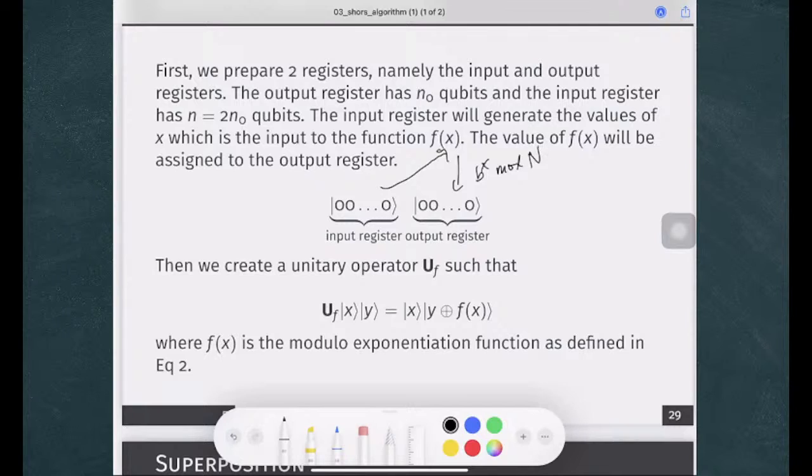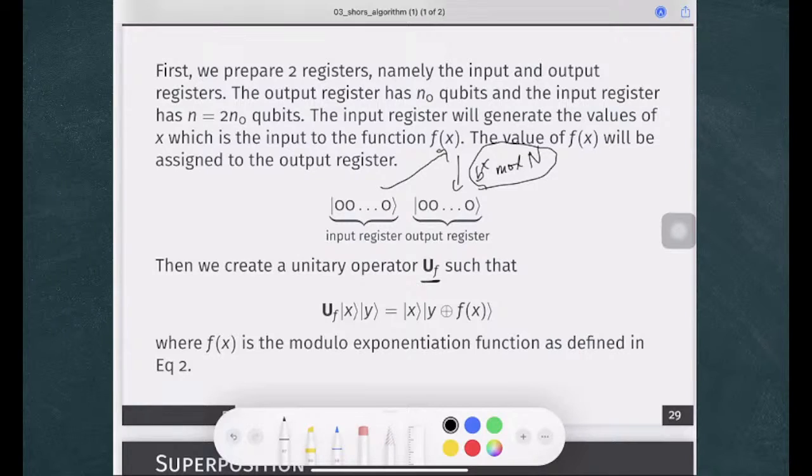So how do we actually do this? What's the operator? There's a term called operator. It's the unitary operator that computes this b to the x mod n, represented by U sub f. U sub f is applied to the input and output registers, x and y.